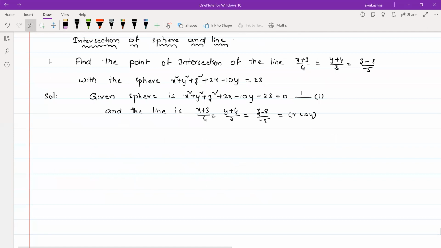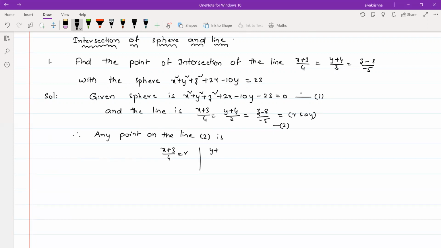Therefore, any point on the line, treat this as equation 2. How can we get any point on the line? By equating (x plus 3)/4 equals r, (y plus 4)/3 equals r, and (z minus 8)/(minus 5) equals r.